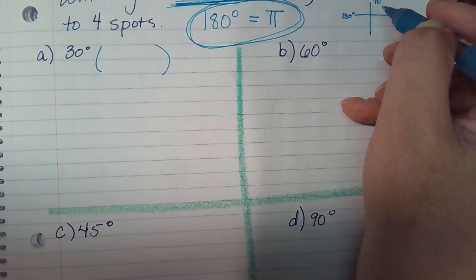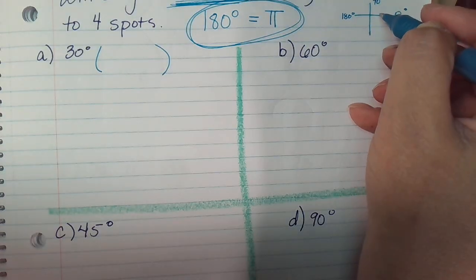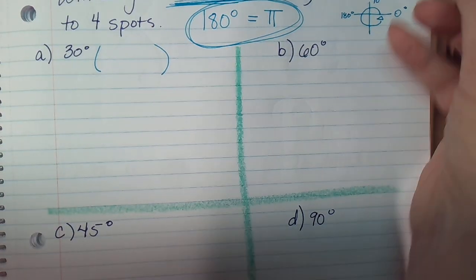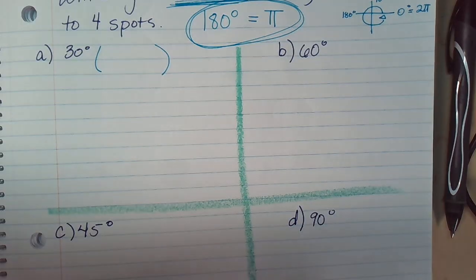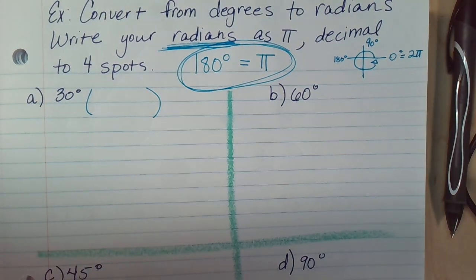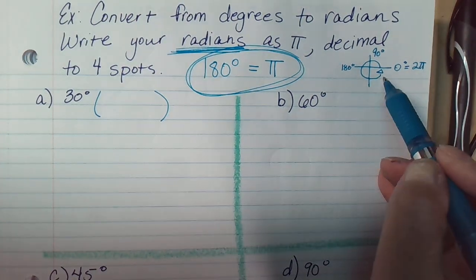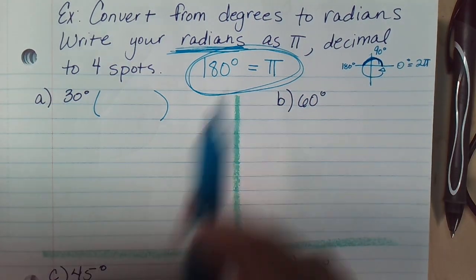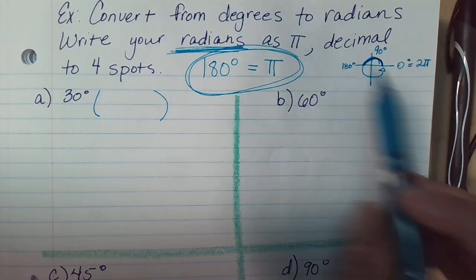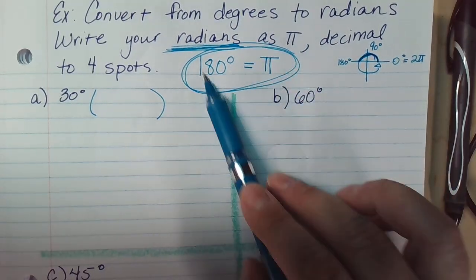And we know that all the way around is 2 pi. So if all the way around is 2 pi, halfway around is 180. And that's our unit of conversion.